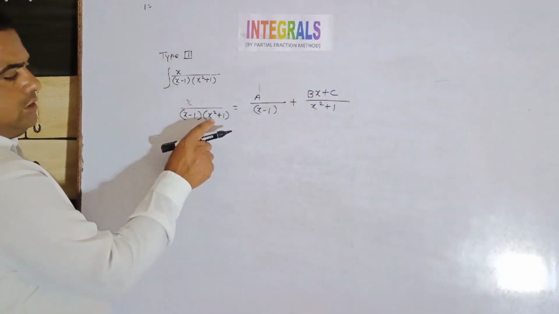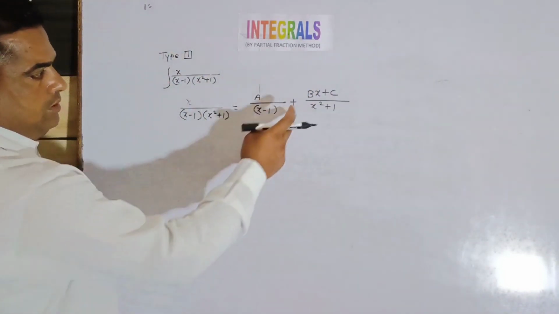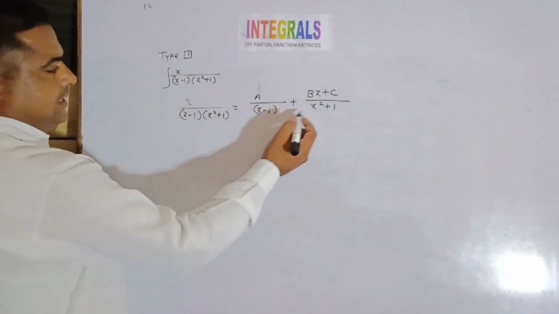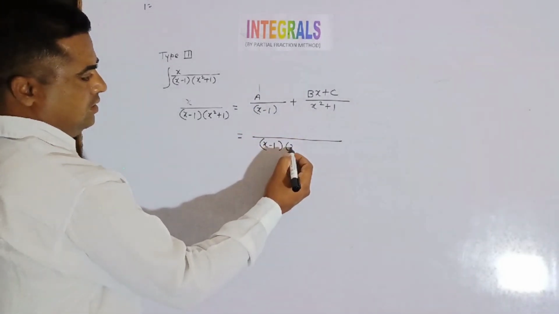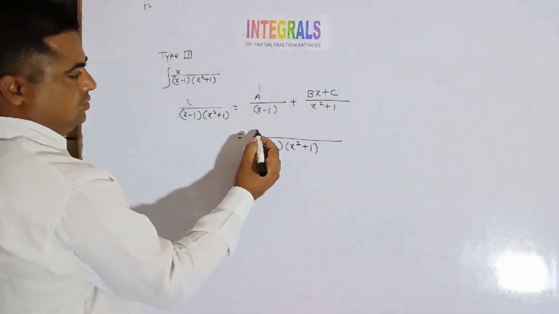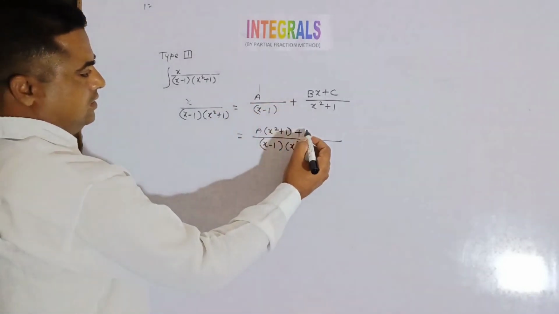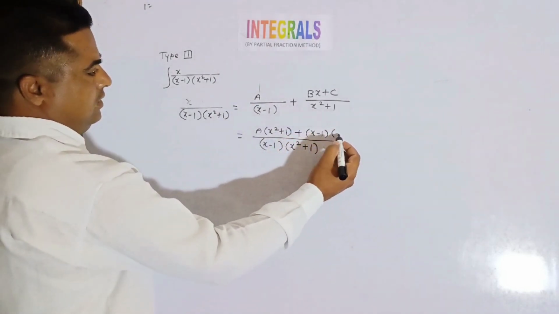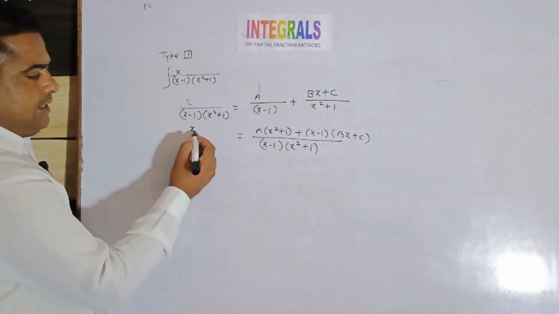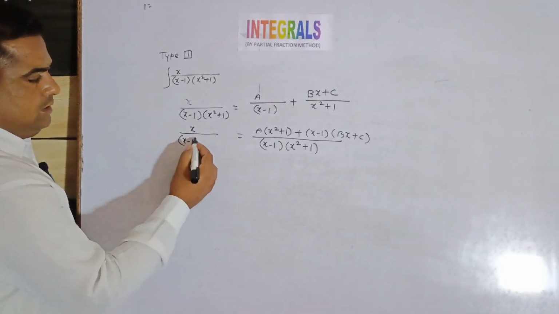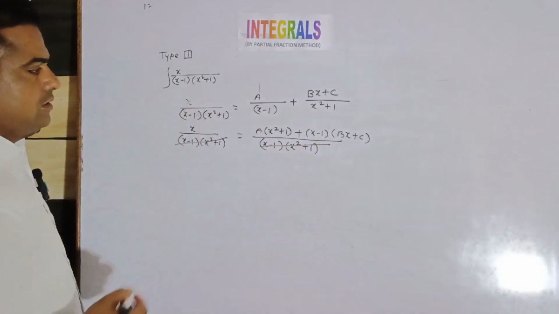We are breaking it this way because x square plus 1 is a quadratic polynomial, so we write Bx plus C upon x square plus 1. Now what is the LCM of these two denominators? The LCM will be (x minus 1)(x square plus 1). So this will be A times (x square plus 1) plus (x minus 1) times (Bx plus C). On the left hand side we write x upon (x minus 1)(x square plus 1). Now this term is cancelled out by this one term.